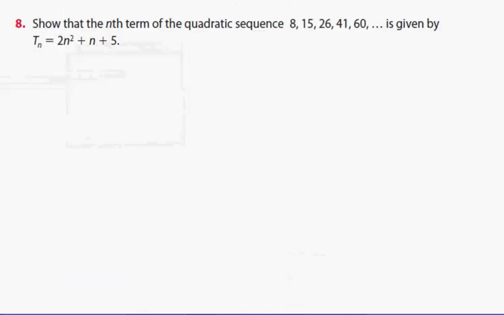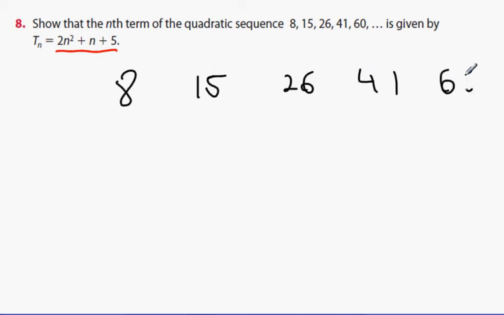Okay, number 8. Show that the terms of quadratic sequence 8, 15, 26, 41, 60 is given by this formula here. Do what we always do. Prove it. 8, 15, 26, 41, and 60.